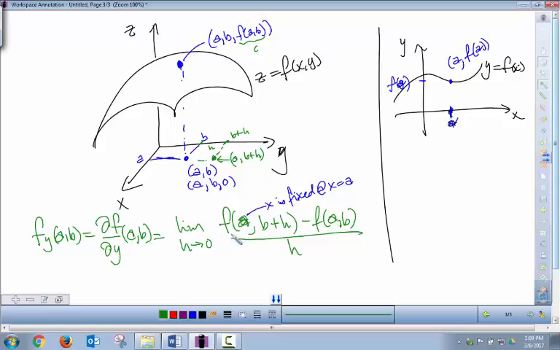Now if I pick up that point and put it into the f function, I would be somewhere over here. F of a comma b plus h comma the z value, which is putting this two-dimensional xy point into the function f of a comma b plus h.